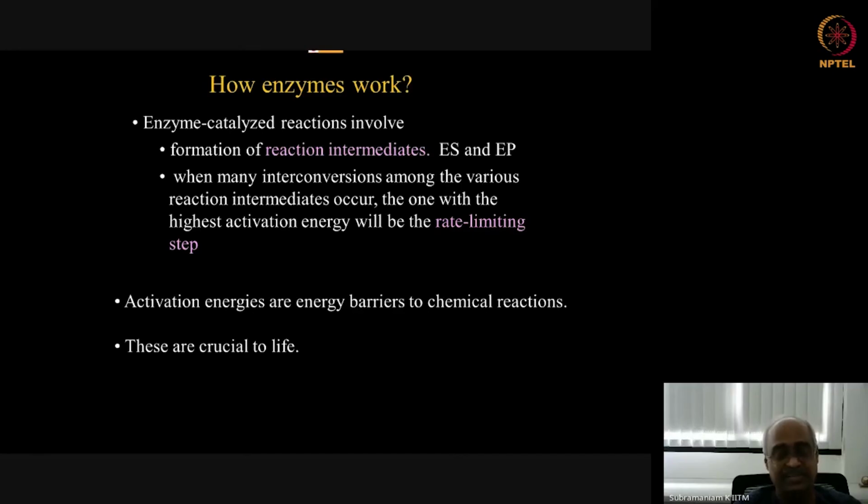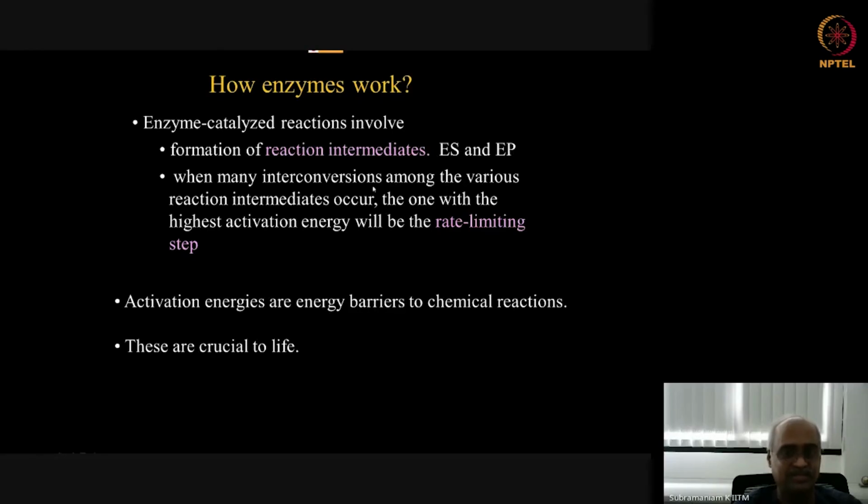So this is not equal to free substrate. So in that sense it is an intermediate, and as a result of those constraints, certain bond breaking and joining have been made possible. So it moves from ES to EP, and these two are reaction intermediates.